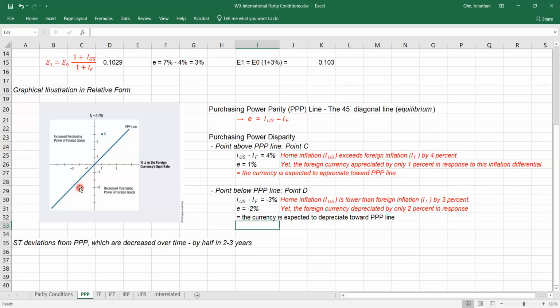So that's what I mean. This should move this way. It might move a little bit this way, a little bit that way, but the general idea, I would say, is that the exchange rate will adjust itself to achieve the PPP line. That's a safe statement.